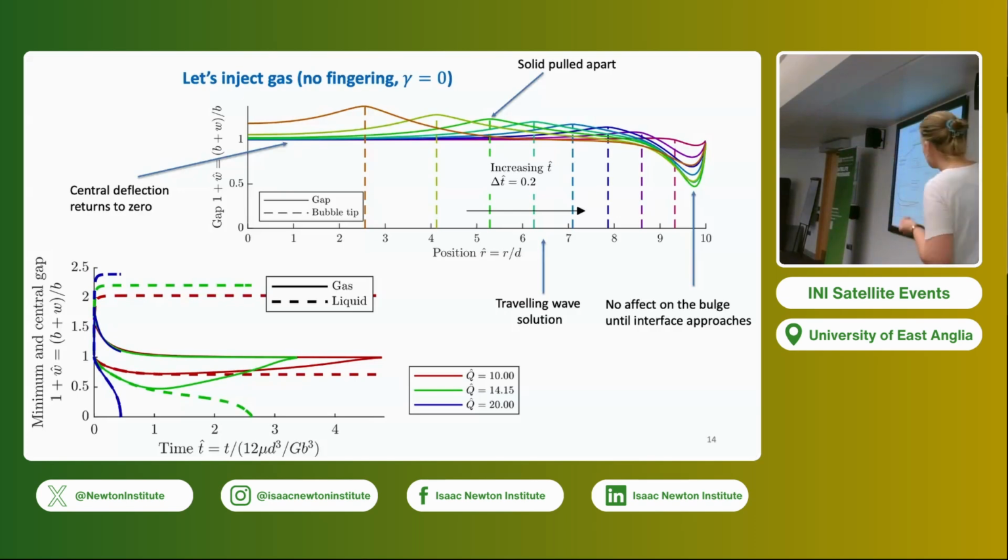But then we also have scenarios whereby initially the bulge grows in amplitude, and then the interface is too close, so it relaxes backwards. And we have situations whereby we've choked during liquid injection but didn't choke during the gas injection. So in principle, we have a mechanism which delays the choking, delays the trapping inside the cell, when we have two-phase flow.